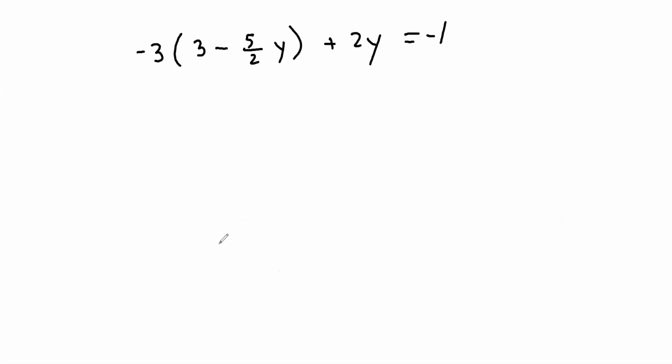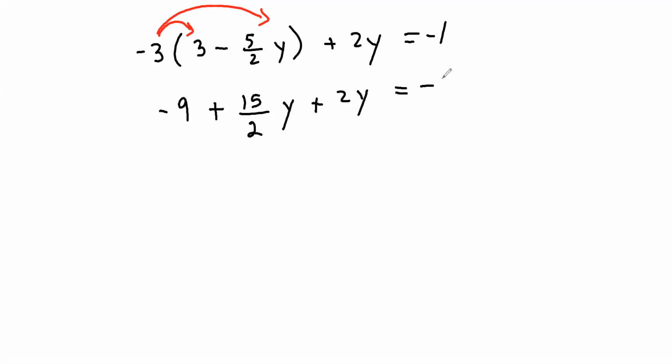We're going to distribute now, multiply this 3 and multiply this 5 over 2, and then combine. So 3 times negative 3 is negative 9, and negative times negative is positive, 3 times 5 is 15, over 2, y, plus 2y equals negative 1.